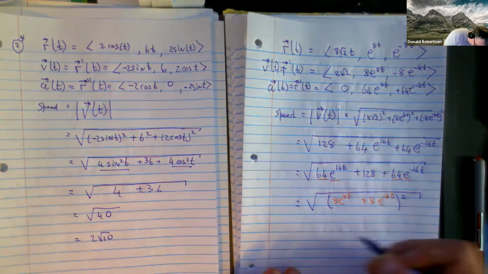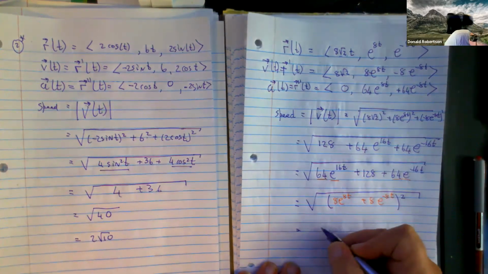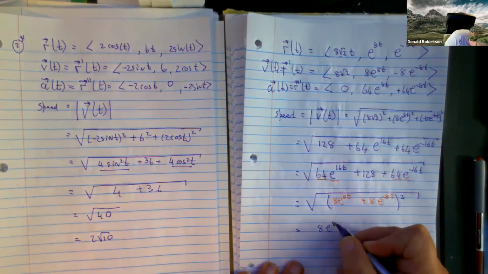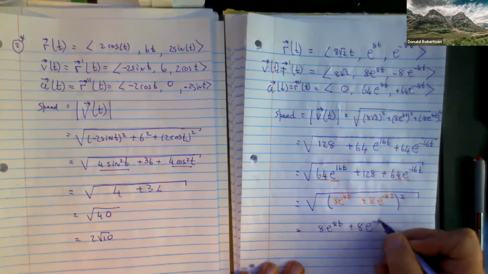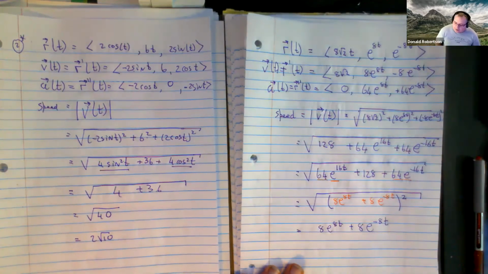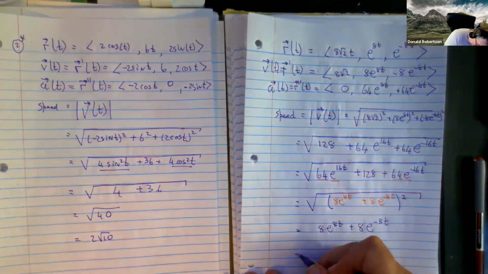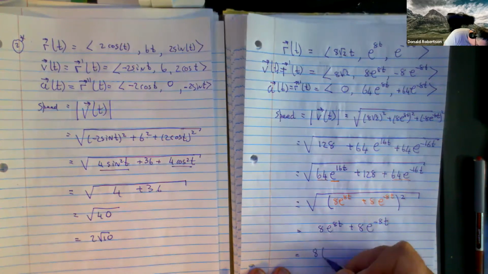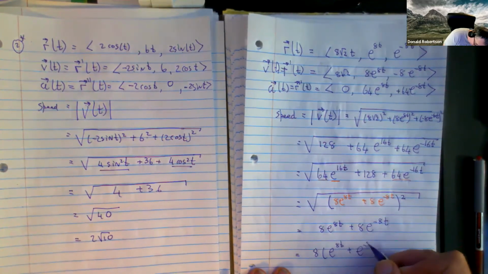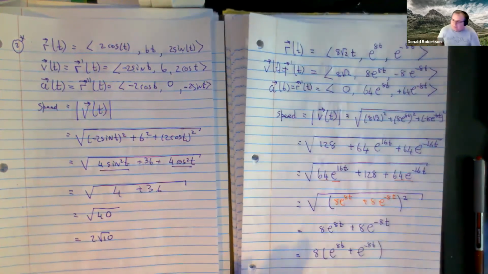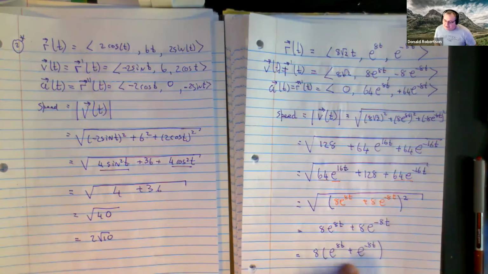And squares of square roots play well together. And I'm really happy if you got that. But I'd be even happier if you could take out a common factor of 8. So there's your speed.